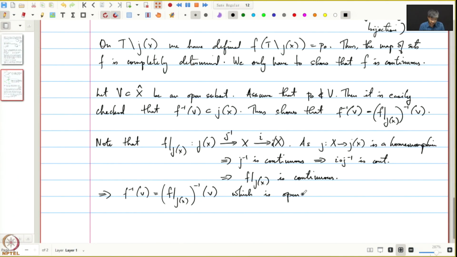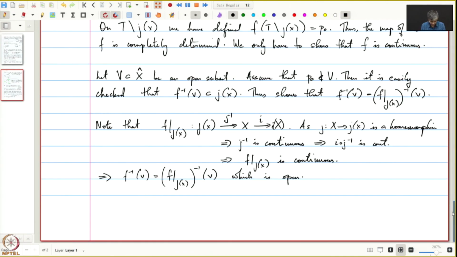Right? So now let's consider the situation if P0 belongs to V. Then X hat minus V is compact, right?